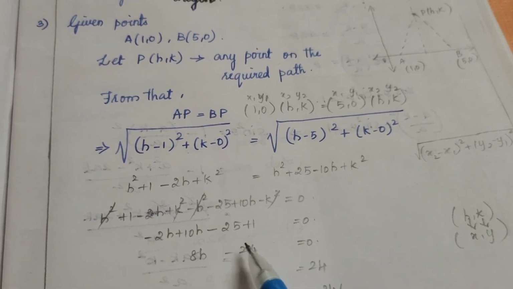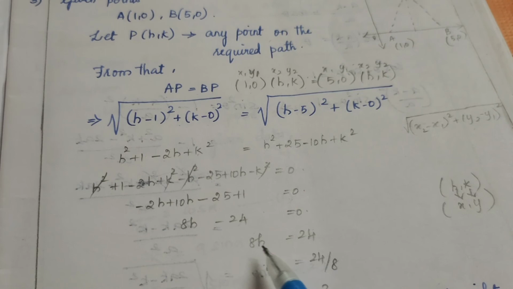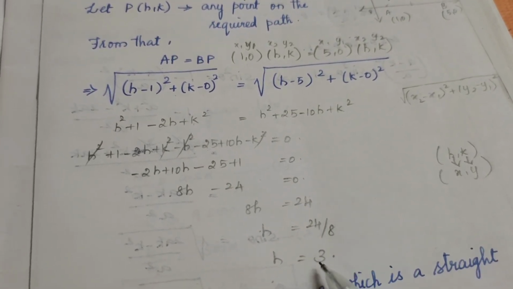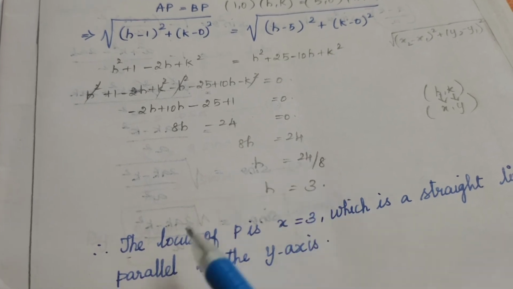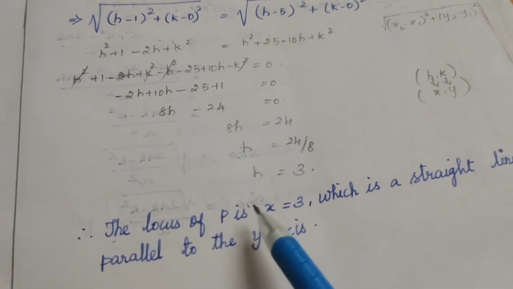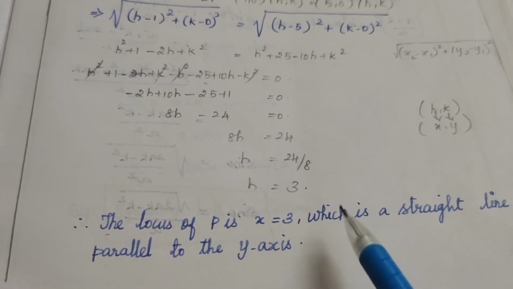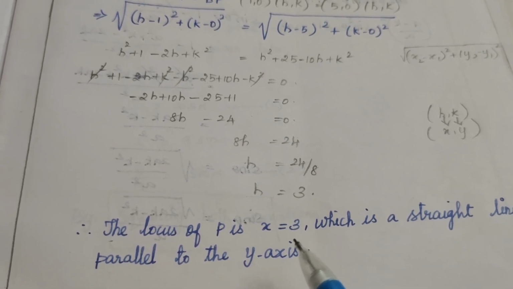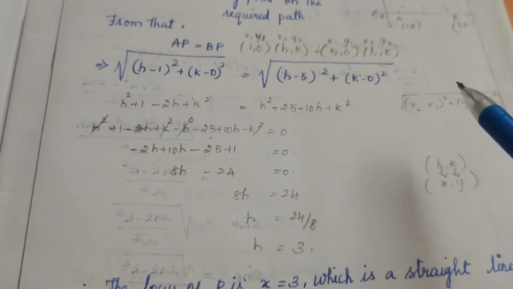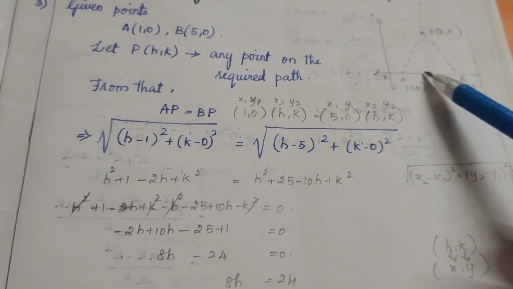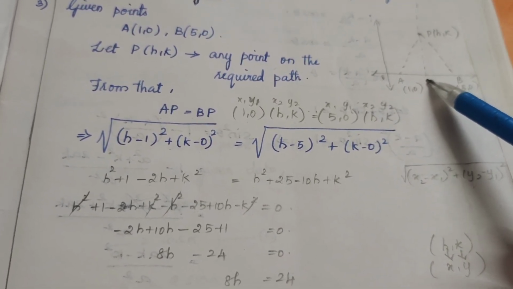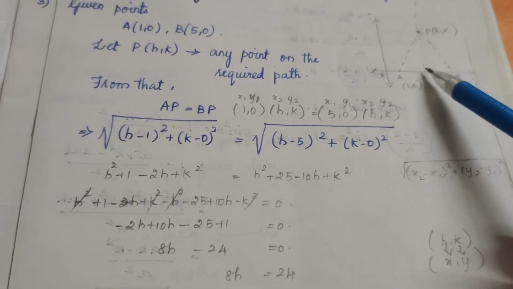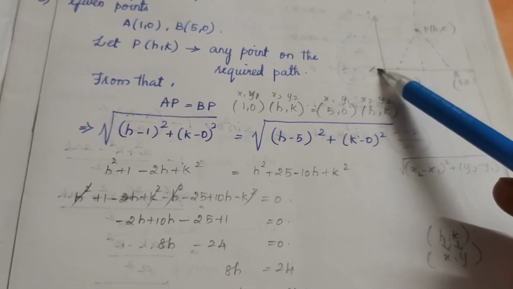Then taking the constant to the right hand side, 8h equal to 24, so h equals 24 by 8, that is 3. Therefore, the locus of P is x equal to 3, which is a straight line parallel to the y-axis. x equal to 3 means it passes through 3 comma 0 like that, so it will be parallel to the y-axis.